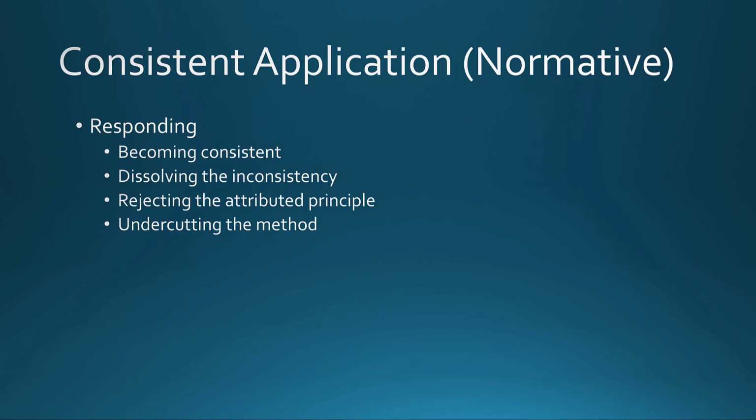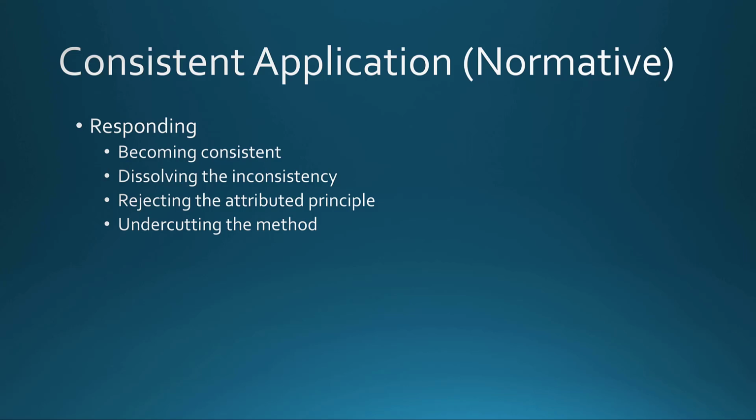A final option, which is kind of extreme, but an option, is to argue against the grounding assumptions of this method: equality, impartiality, and relevant difference, and basically destroy or attempt to destroy the notion that principles should be applied consistently. And that would be an option.